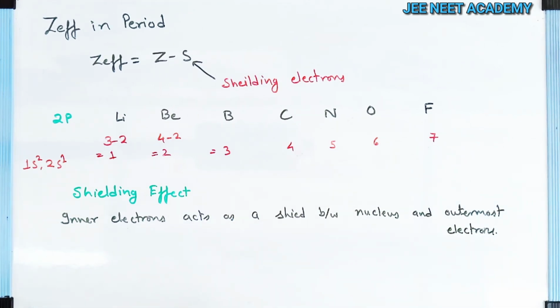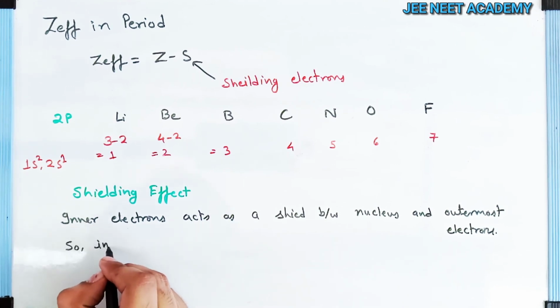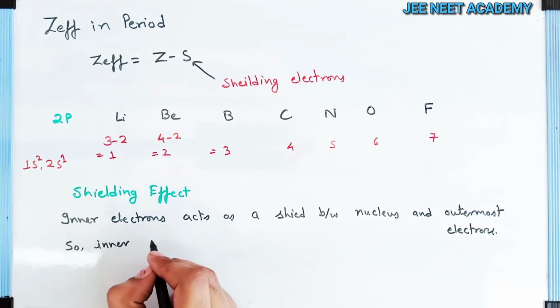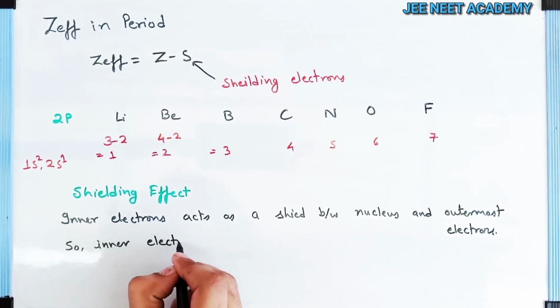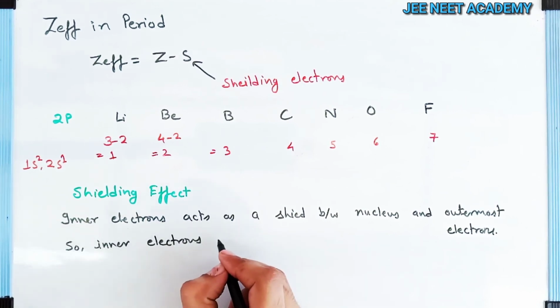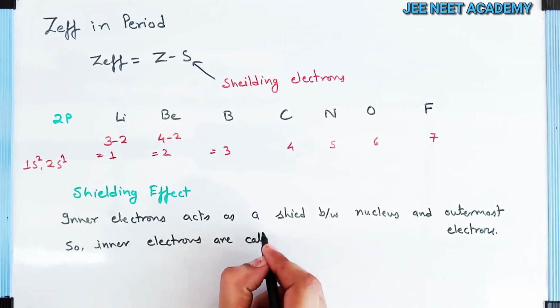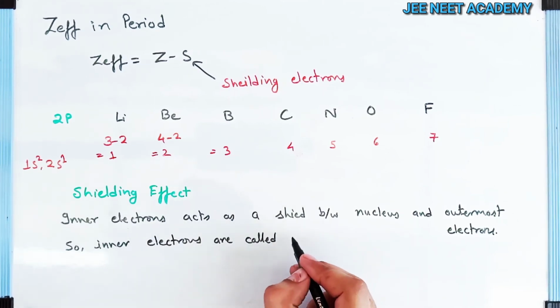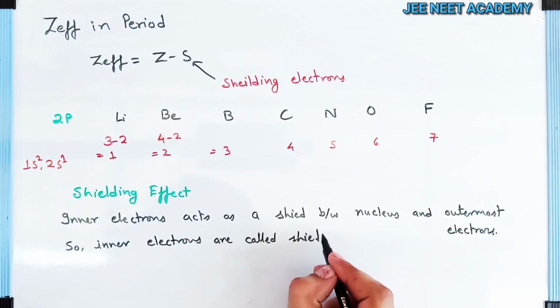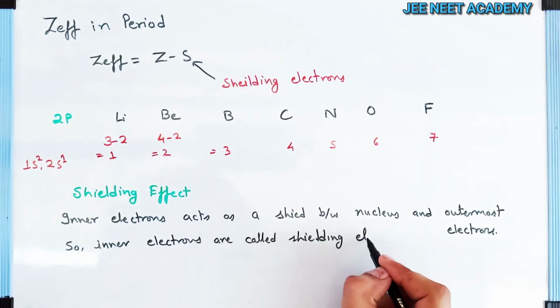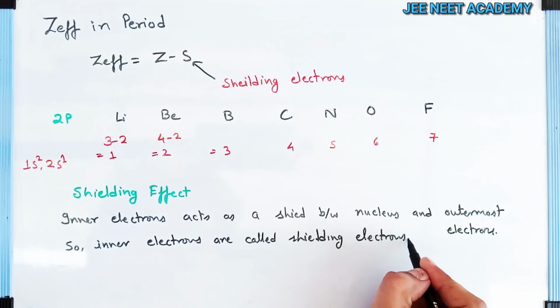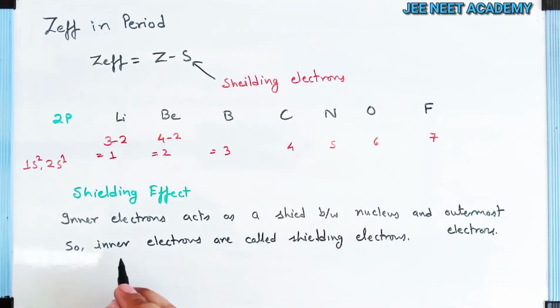So inner electrons are called shielding electrons, and this effect is called the shielding effect.